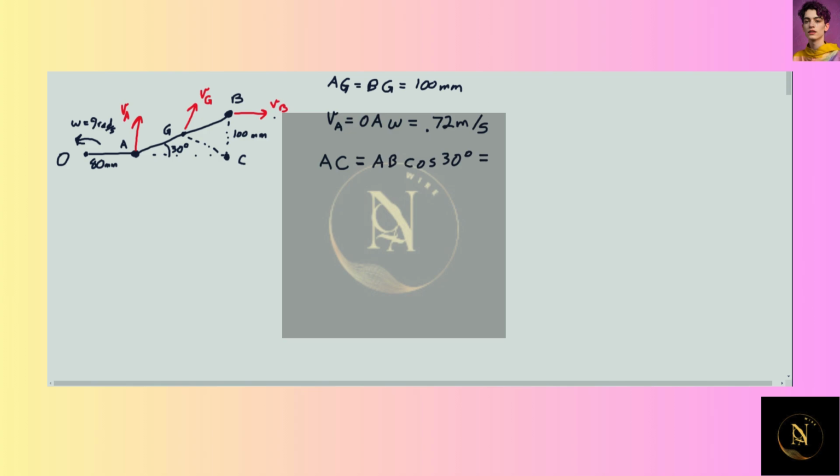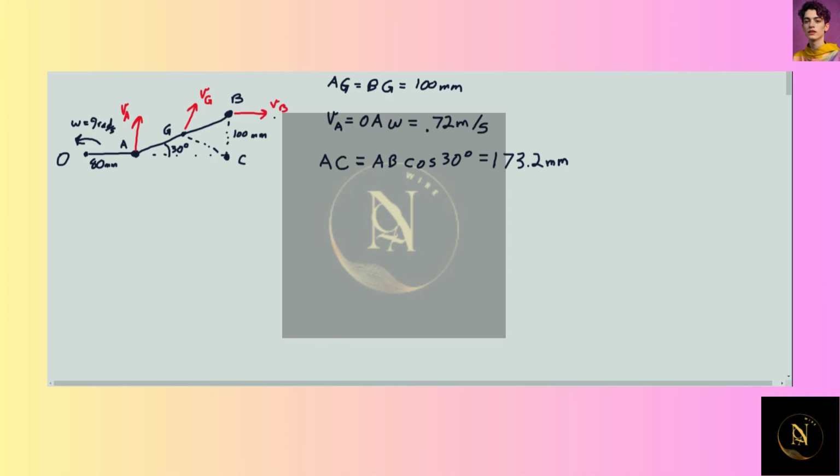The length AB is 200 millimeters total. So we get about 173.2 millimeters for that length AC. You could also use the Pythagorean theorem to find that length.